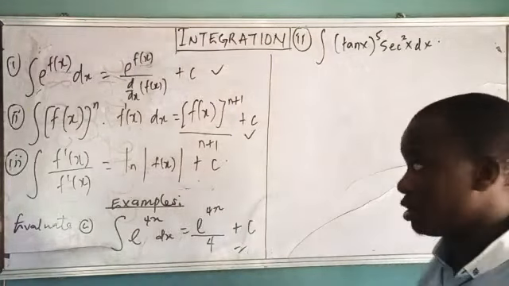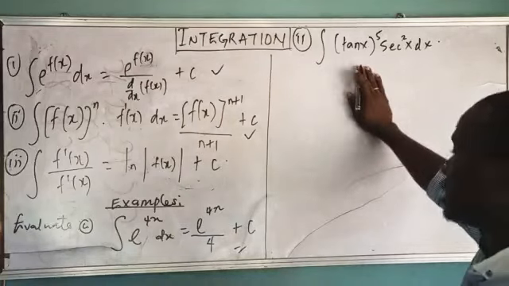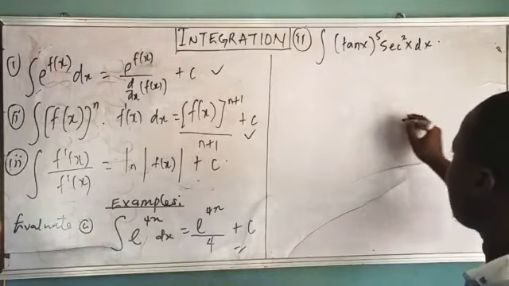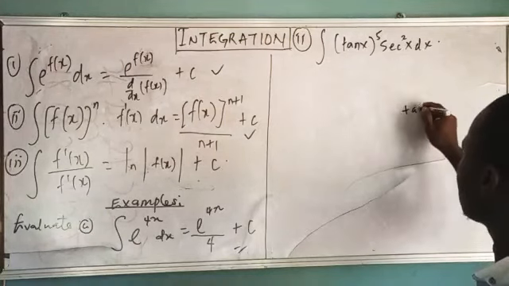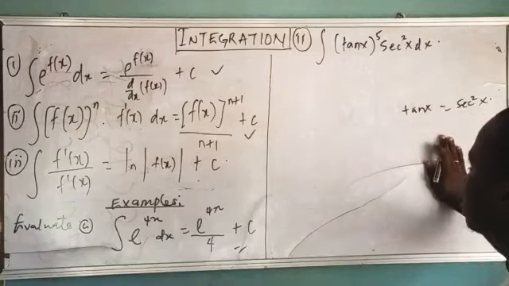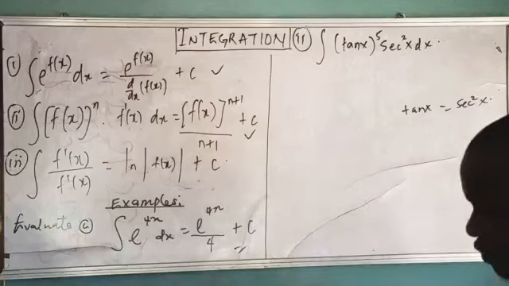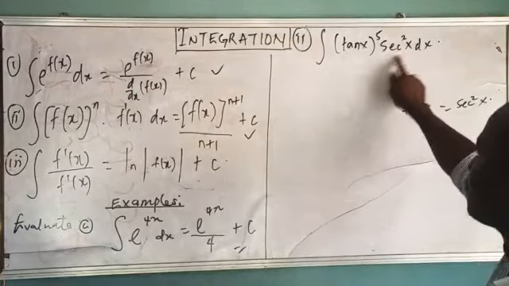Are you getting what I'm doing here? The derivative of tan x is sec squared x, and we have sec squared here.